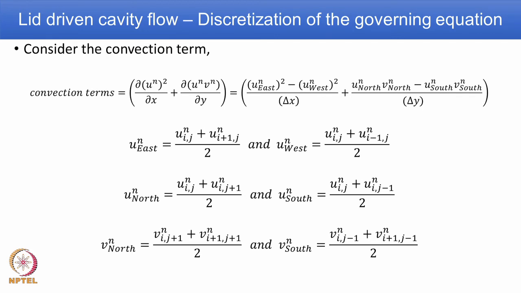Now, we are following a staggered grid arrangement in the finite difference procedure. So, we have north, east, west, south terminology coming into the picture. The first term in the discretized form is shown here: u east n squared minus u west n squared by delta x, plus for the second term the discretized form: u north at the nth level times v north at the nth level, minus u south at the nth level times v south at the nth level, by delta y.